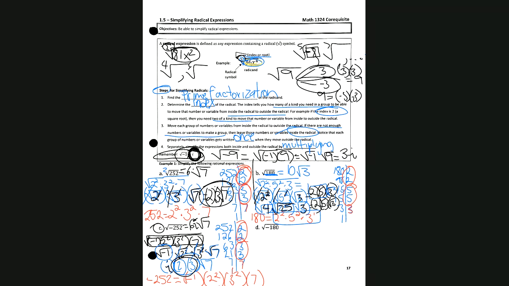So now we're going to do example D in the same way. So we already have the prime factorization of 180. So what I'm going to do is say this will be equal to the square root of negative 1 times 2 squared times 5 squared times 3. And so that is equivalent to the square root of negative 1 times the square root of 2 squared times the square root of 5 squared times the square root of 3. And here I'm going to go ahead and start with the number.